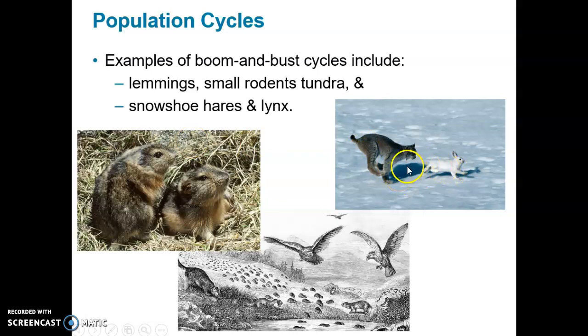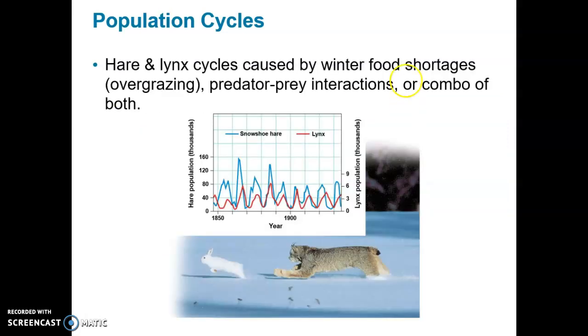They are in a close predator-prey relationship, and their numbers fluctuate together, as we'll see. So the lynx and the hare, their cycles are caused by winter food shortages, overgrazing, so that causes a decline in the hare numbers, in addition to predation by the lynx.